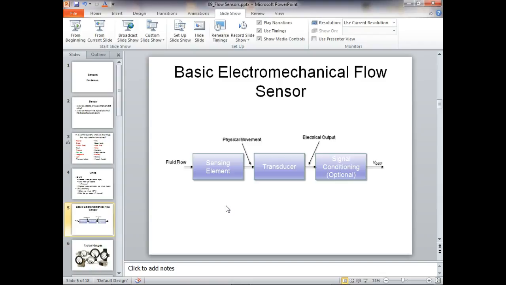So we have sensors, and then we have a transducer. We have a lot more devices that would fall into the category of a transducer than there would be a sensor. So it's kind of like saying a Ford is a car, but a car don't have to be a Ford, right? You understand that?